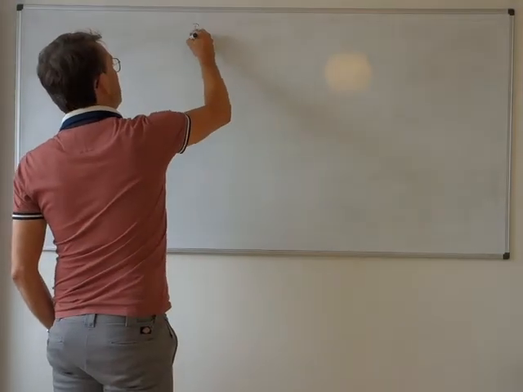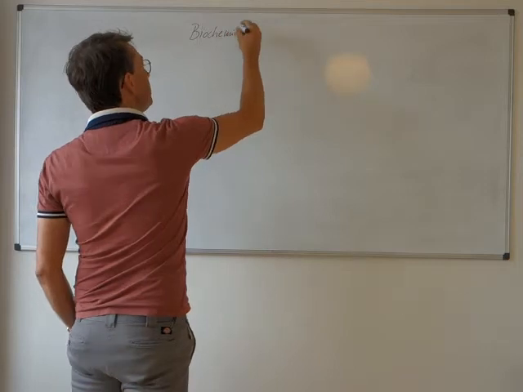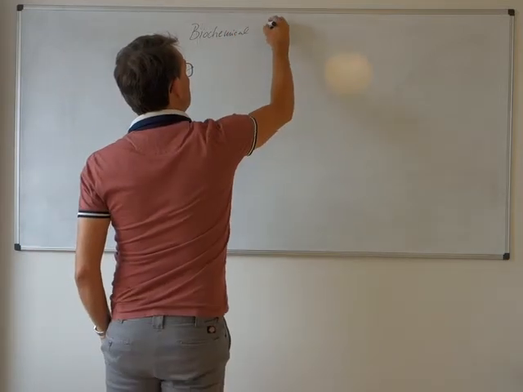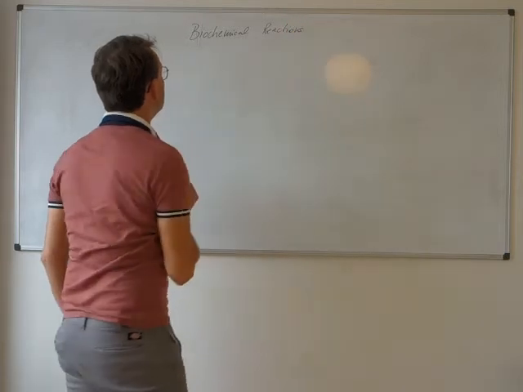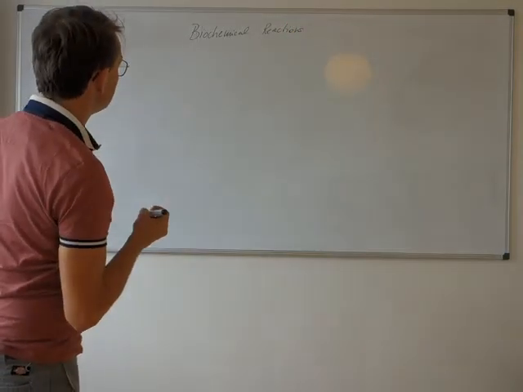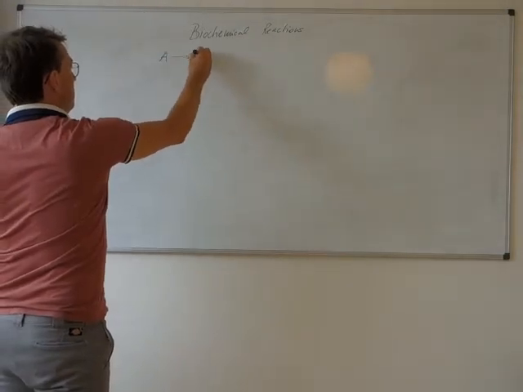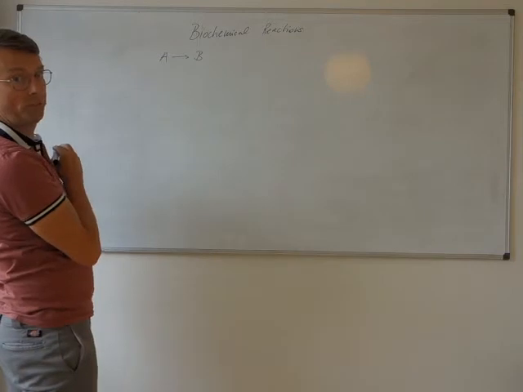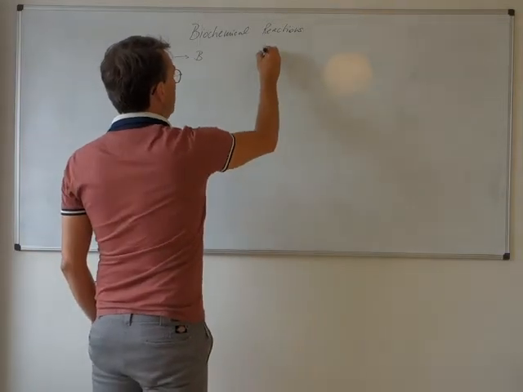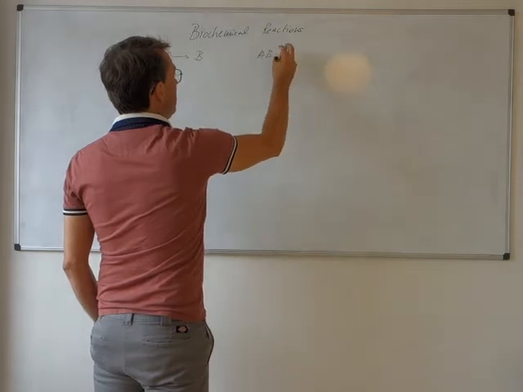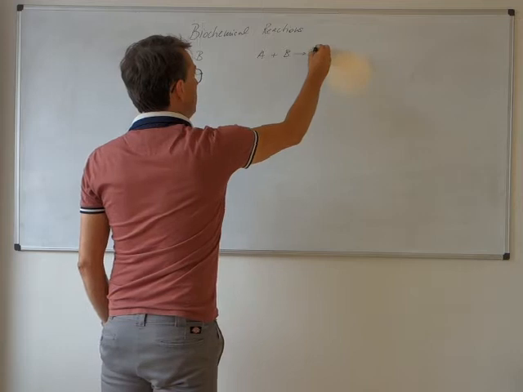So the next thing that we're going to look at, this is the final lecture in chapter 2, are biochemical reactions. So the first example will be spontaneous conversion from A to B. Then we're going to look at spontaneous complex formation.